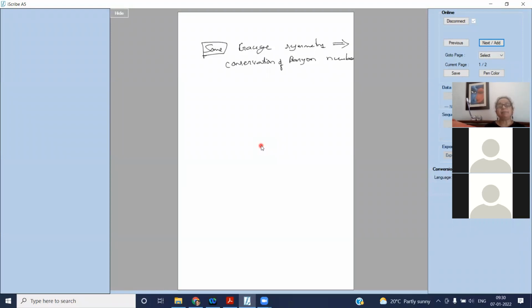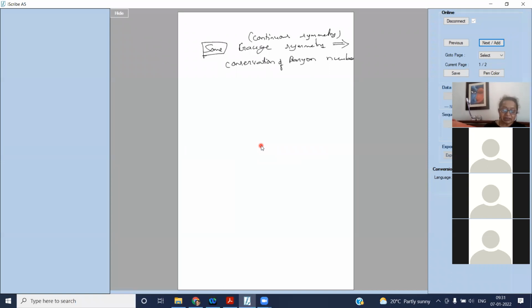Can you decide? It should be continuous, because we are talking about conservation. So the hidden gauge symmetry that I am talking about is a continuous symmetry, based on my information that a gauge symmetry leads to conservation of baryon number.